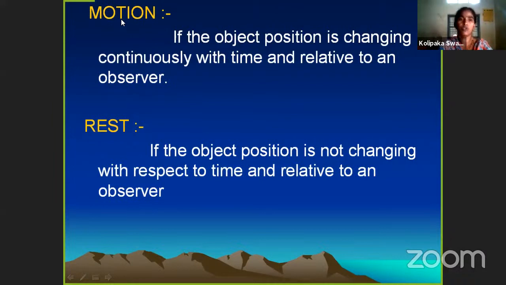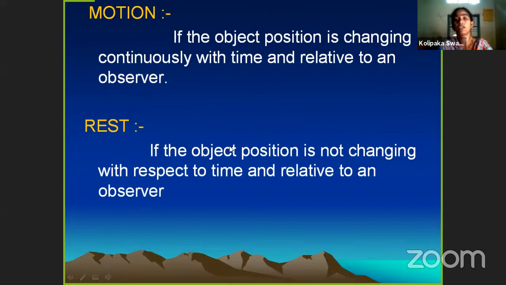Okay, now children, when the object's position is changing with respect to time and observer, that time we call the object in motion. When do we call the object at rest?